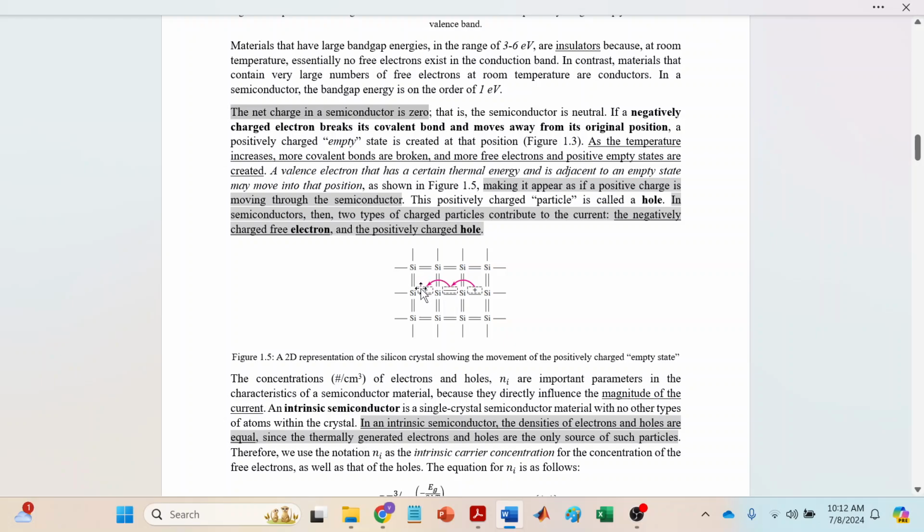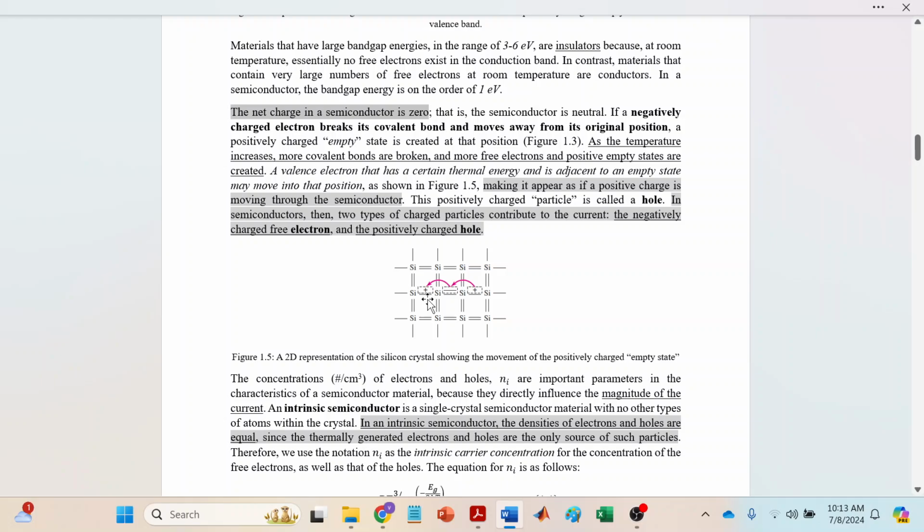As the temperature increases, more covalent bonds are broken and more free electrons move to other positions, and even more empty states are created.